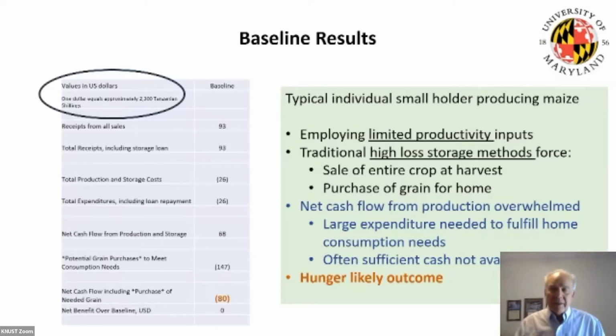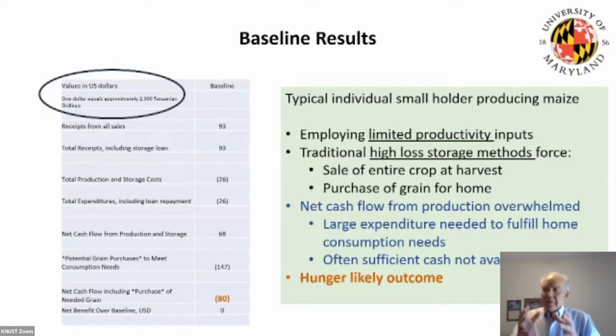The traditional storage techniques suffer considerable loss, that's maize that's stored in the household. This leads to, the way we're going to structure the scenario, the farmer needing to sell the entire crop at harvest and then purchase maize back during the year to use as a staple foodstuff in the family.